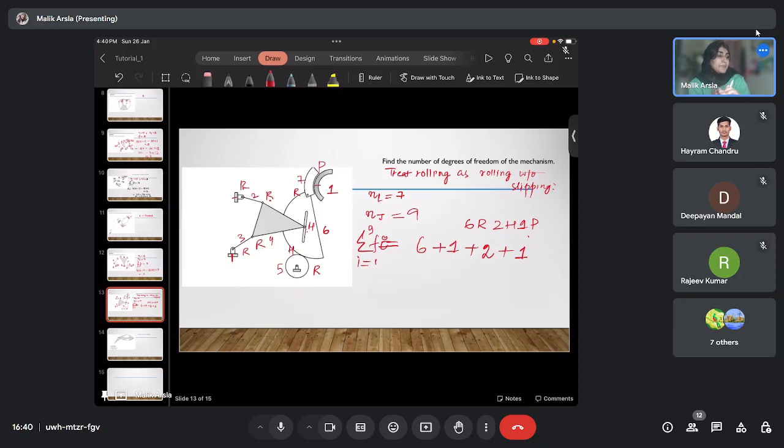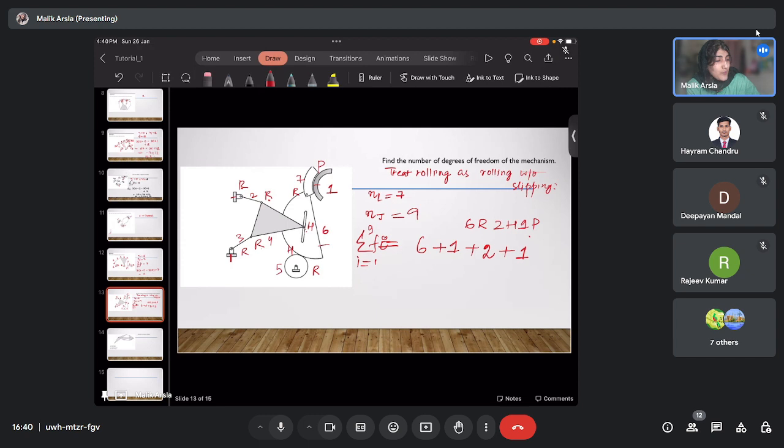For example, see, we are mechanical engineers, we have to visualize. You think of it like this: if I push this disk behind, this disk will start rolling, right? Is it correct? It will start rolling when I push the disk. The bottom disk will also start rolling about the hinge.